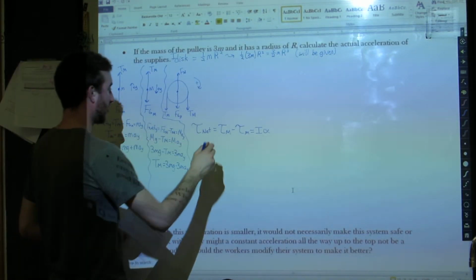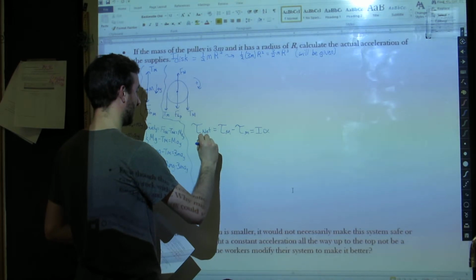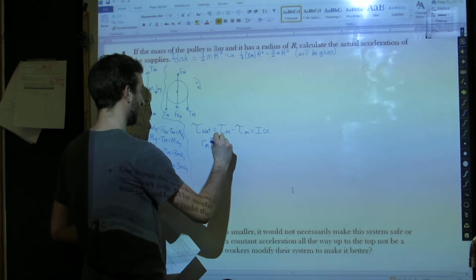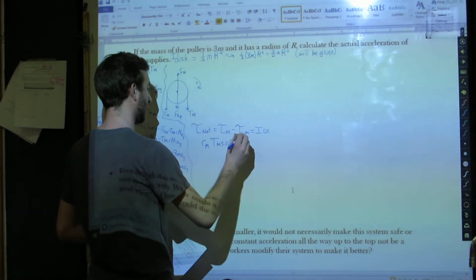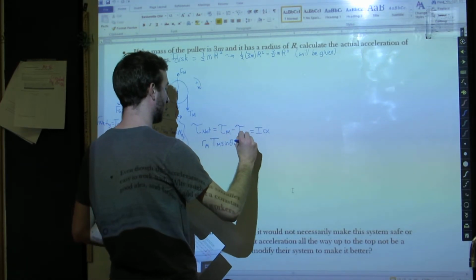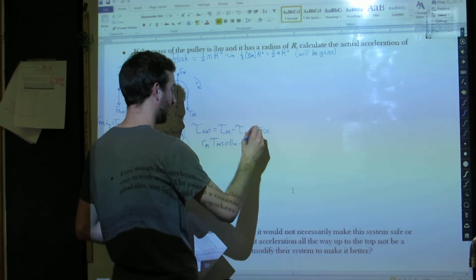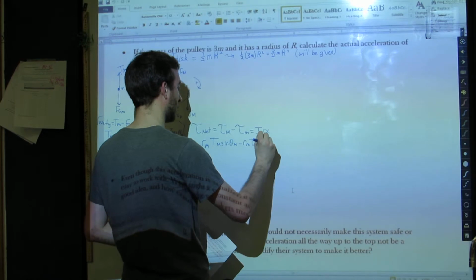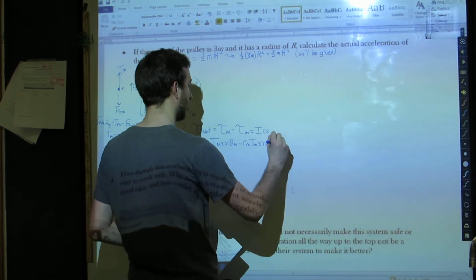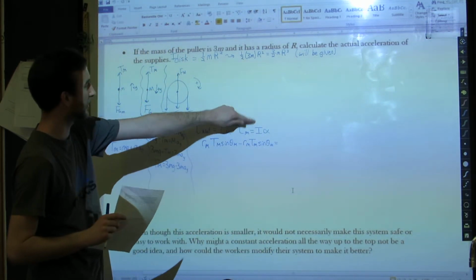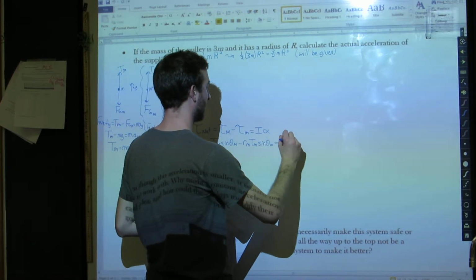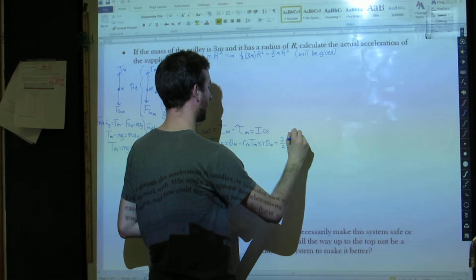The equation for any torque is R times the force itself times sine theta, and I'm putting subscripts so I know exactly which ones I'm talking about. This is Rm T lowercase m sine theta m. Rotational inertia: we already found out at the top that it was 3/2 little m capital R squared.